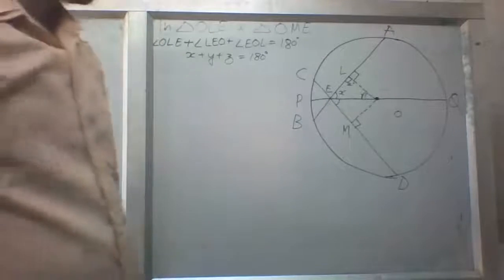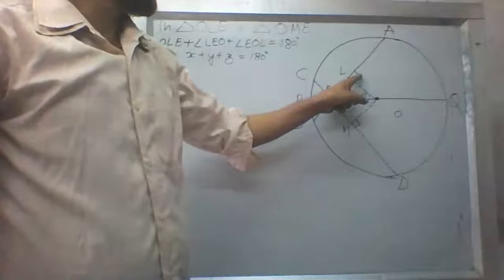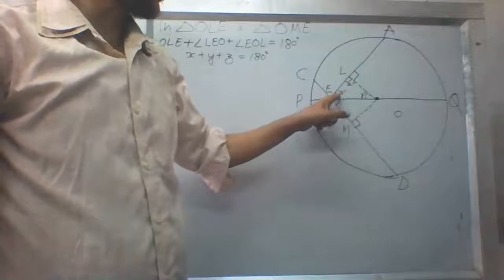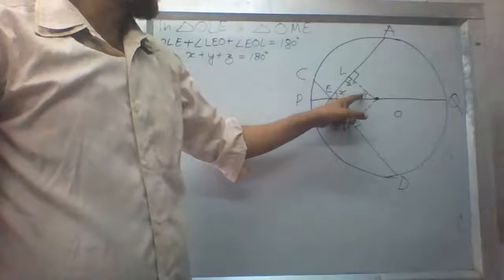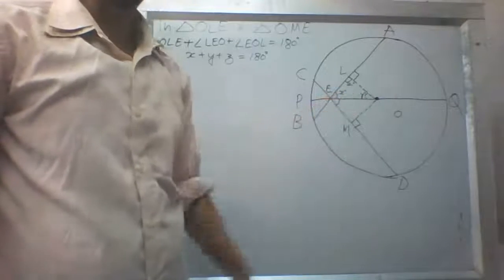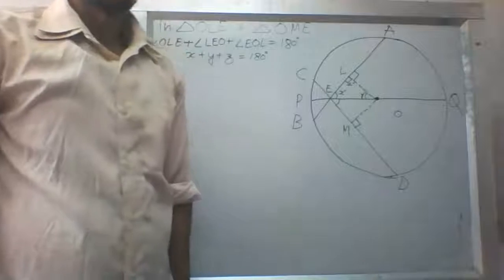Then the exterior angle is equal to the sum of the interior opposite angles. Means x plus y is equal to 90 degrees. Got it?